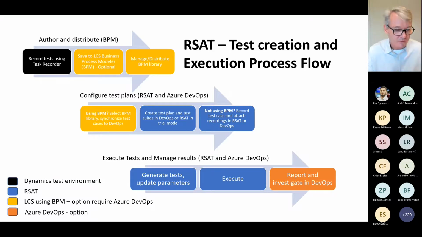So looking at this from a process point of view, there are really four big areas working together here. First of all, within the Dynamics test environment, you will initially be making your task recordings, as mentioned. These recordings can be handed over and used in the business process modeler within LCS, if you're using that structure to help maintain your test libraries.